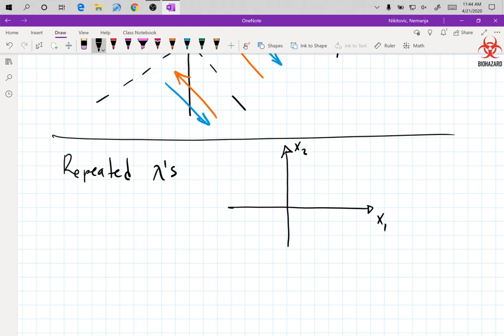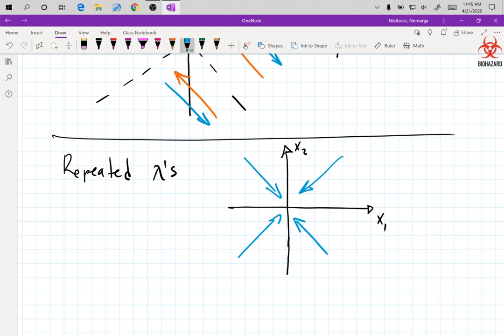So when you have repeated lambdas, you can have dependent and independent eigenvectors. That's now branching into too much. So you can have a solution that has two different eigenvectors, and you can have a solution with a single repeated eigenvector. So they will give you both solutions that go in, but you will have a solution that goes in like this, right, as it goes in as a sink, right?